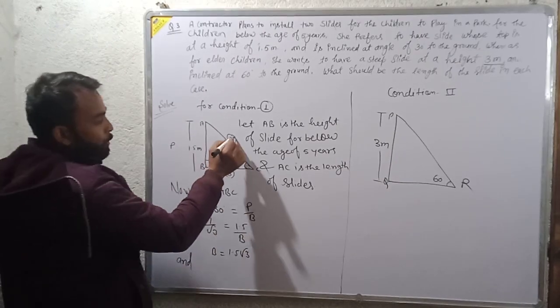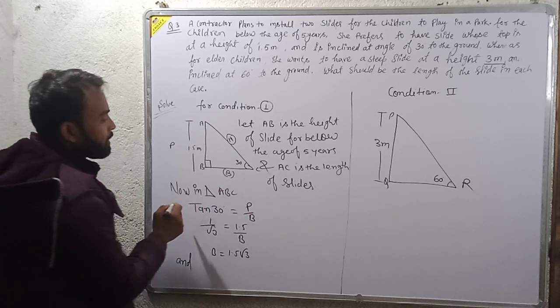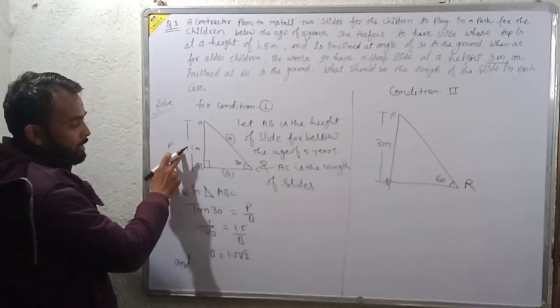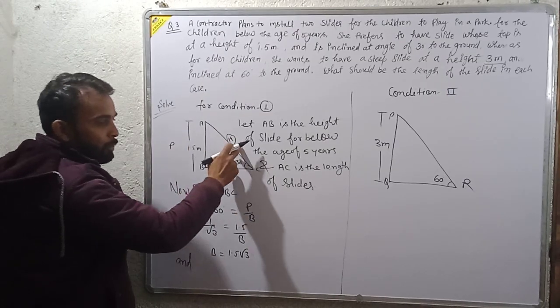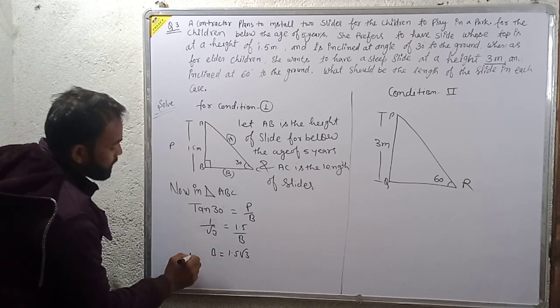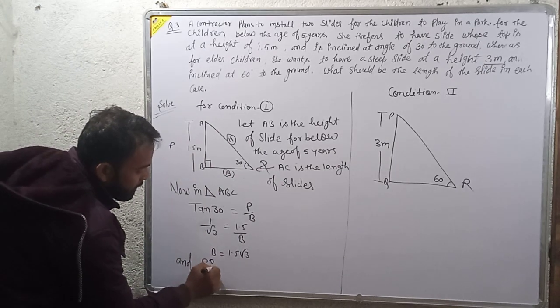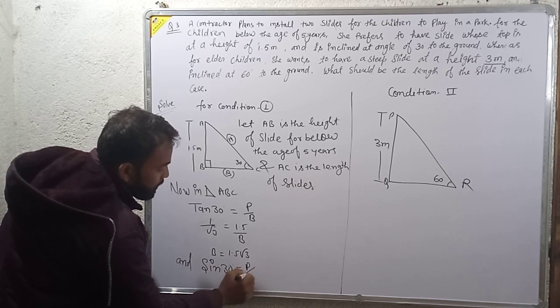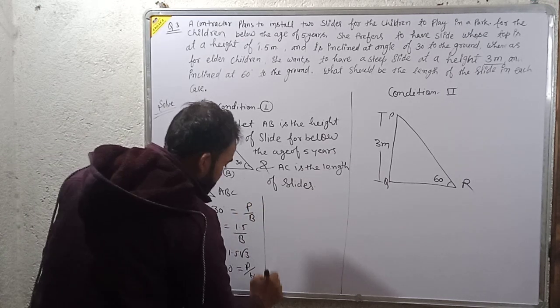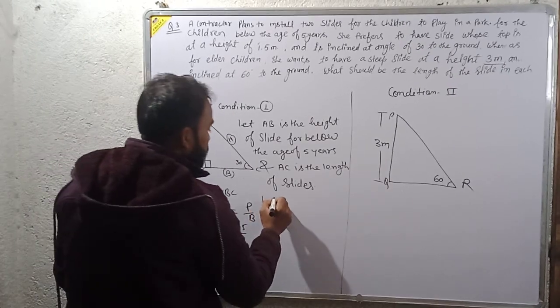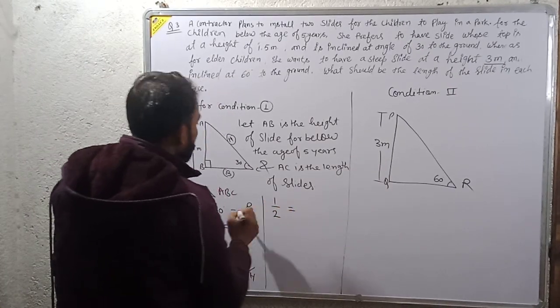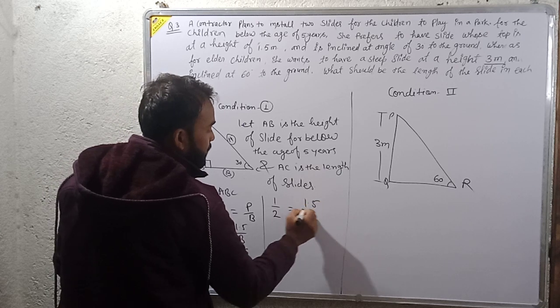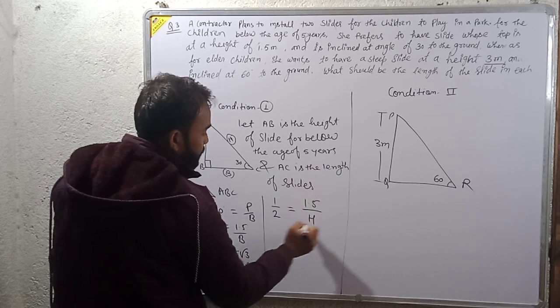Clear? And now we find the hypotenuse, that means the length of the slide. So we find the relationship between perpendicular and hypotenuse. It becomes sine 30 degrees is equal to P by H. That means sine 30 is equal to 1 by 2, is equal to P, 1.5, upon hypotenuse.